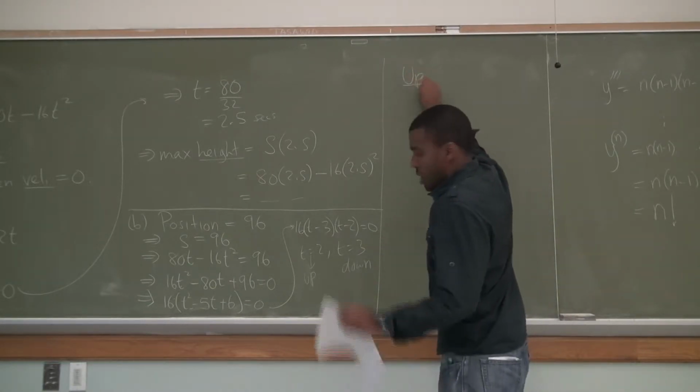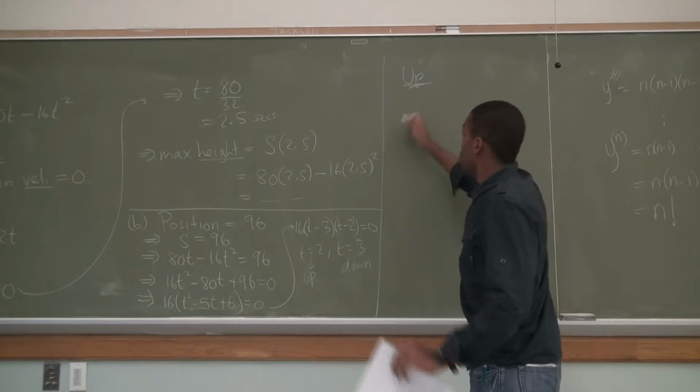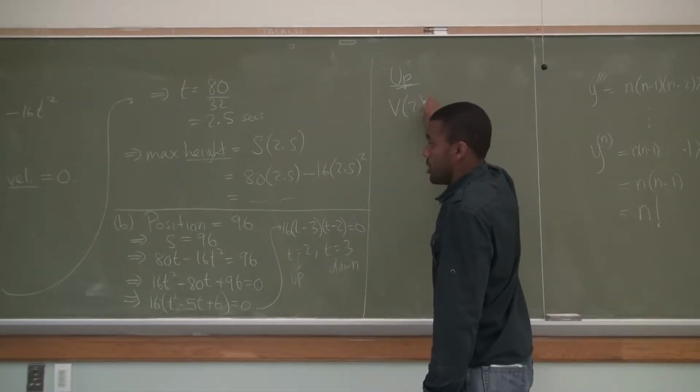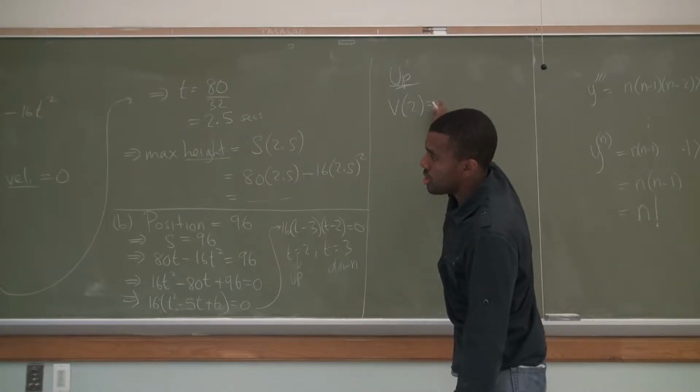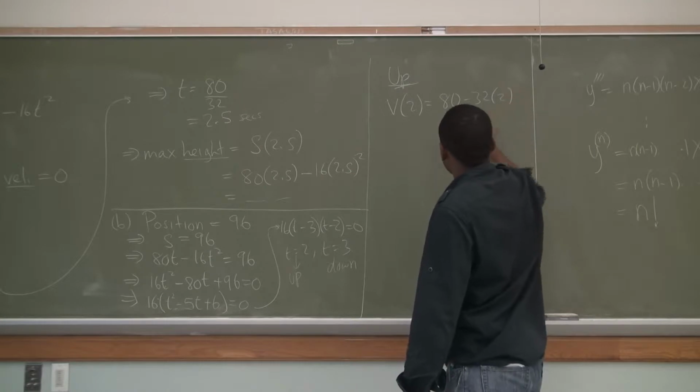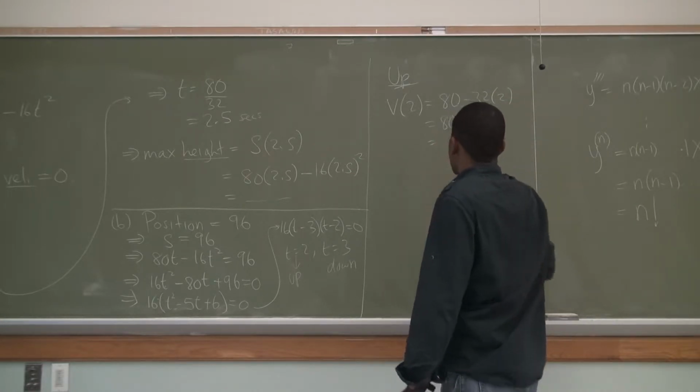So when going up, it asks, what is the velocity? Well, I just plug in v of that time. V of 2 would be 80 minus 32 times 2, which is what, 16?